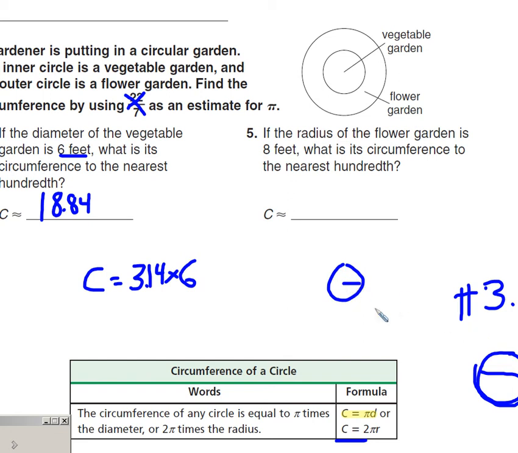So the pi relates to the diameter, the whole distance. So I need to add this 2 times pi times r. I'm really doubling the radius. But you can put multiplication numbers in any order you like. So the circumference equals 2 times 3.14 times 8 feet. And let's see what we get. 2 times 3.14 times 8, and I got 50.24.